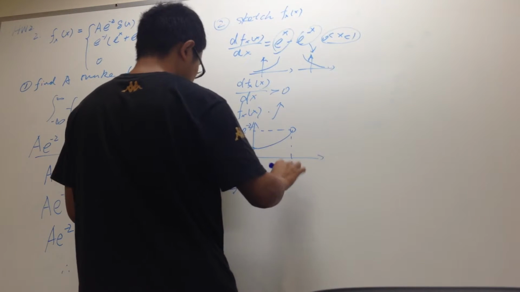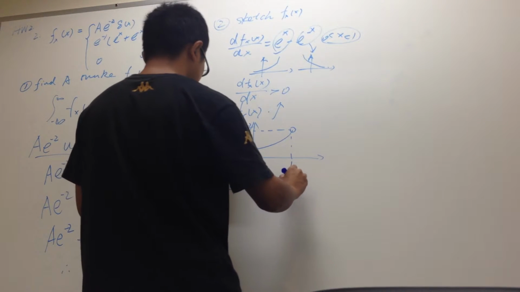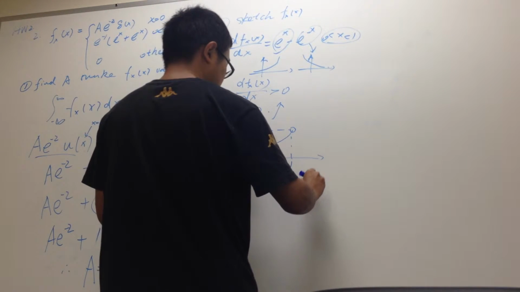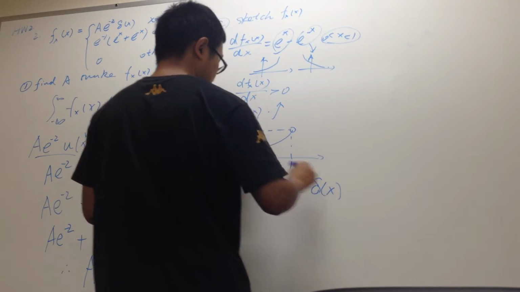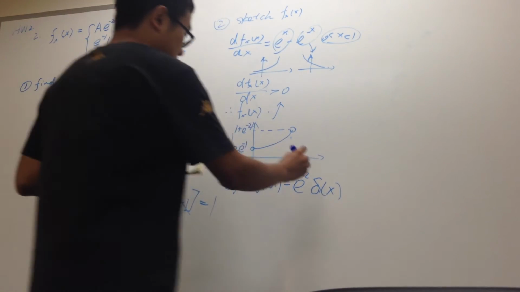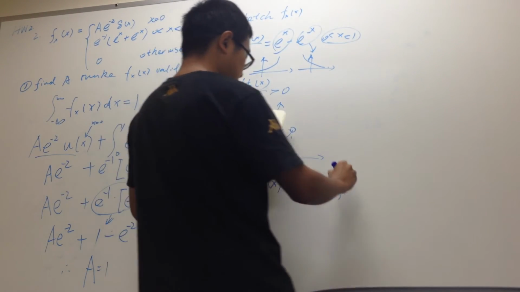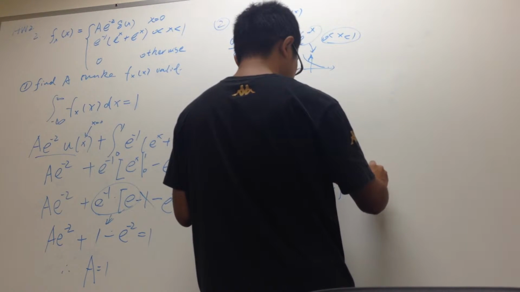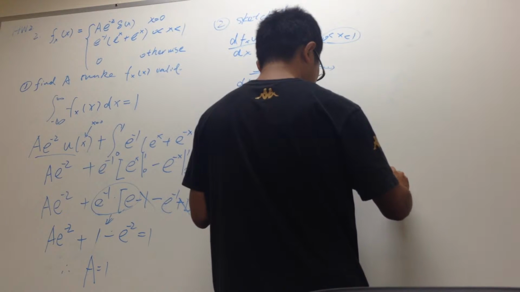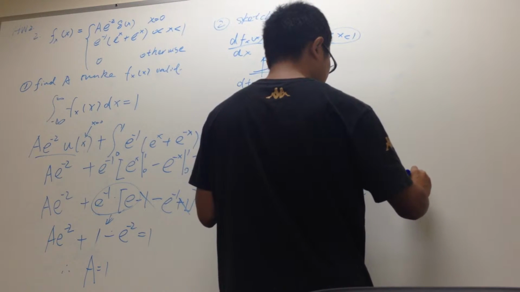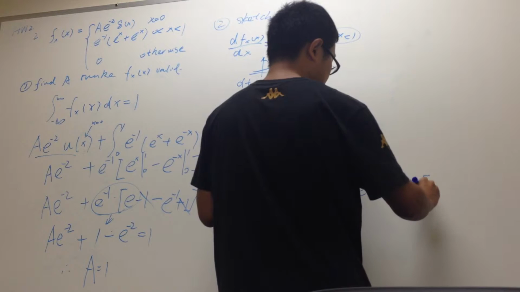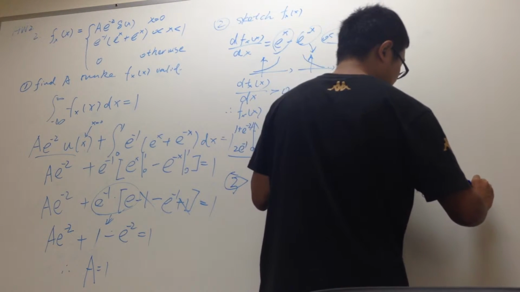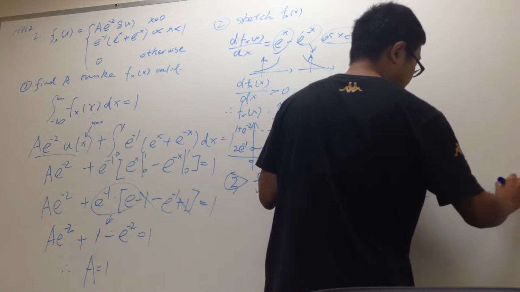We know that A equals 1, so we have f_X(x) equals (e minus 2) delta(x) plus ((e minus 1) e^x plus e^(-x)) multiplied with (u(x) minus u(x minus 1)).